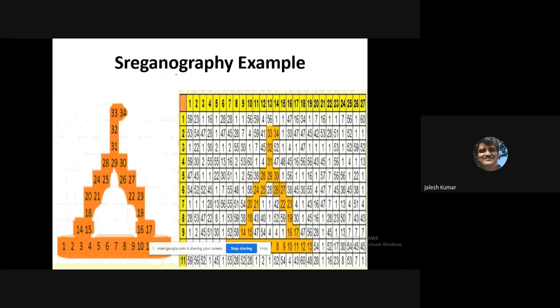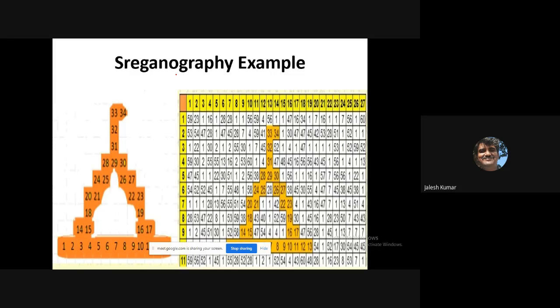But the thing is, the sender should have a clear-cut idea of this particular chitrakavya, as it is represented. Chitrakavya means you are giving importance to looking like a picture. Is it not?